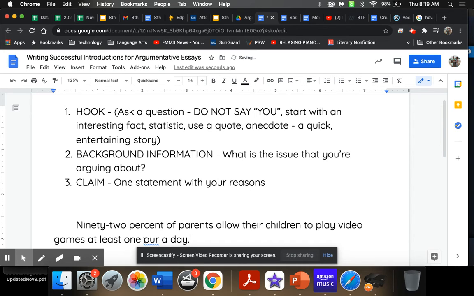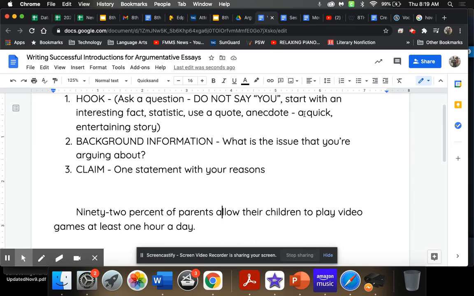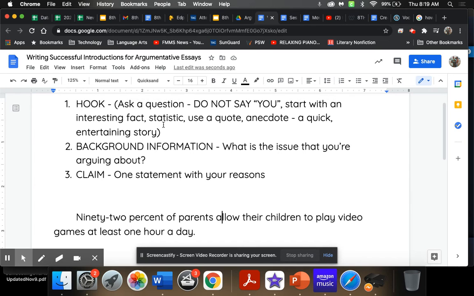I spelled hour wrong. Whoops. Now, if I pulled this from a source, first of all, I need to make sure that I put this source where? Yes, I will need to put that source in my works cited page. So you use your citation machine like I showed you yesterday. All right. There's my interesting hook. I use a fact and statistic.